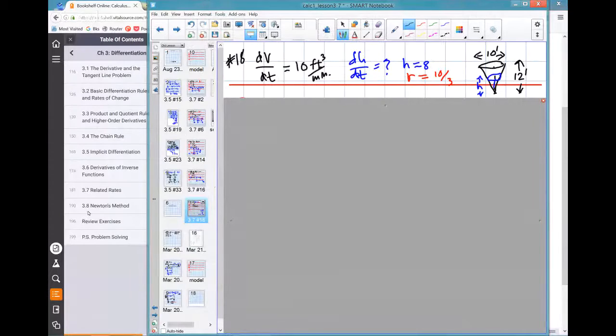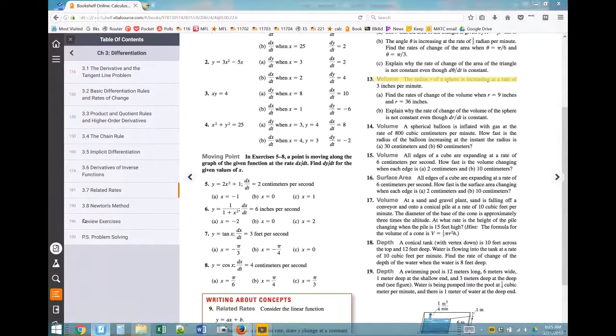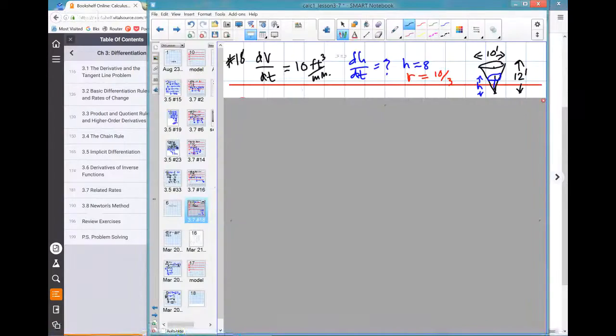And we've been told to find the rate of change of the depth of water when the water is 8 feet deep. So I had to call this height something over here, the height of the water. See this crude H over here on the far right?